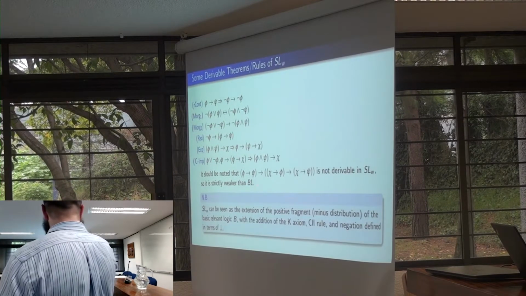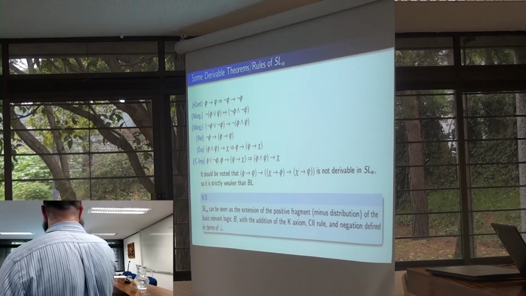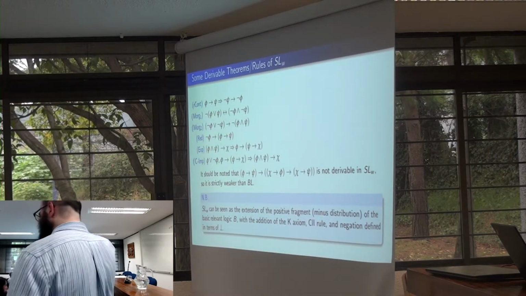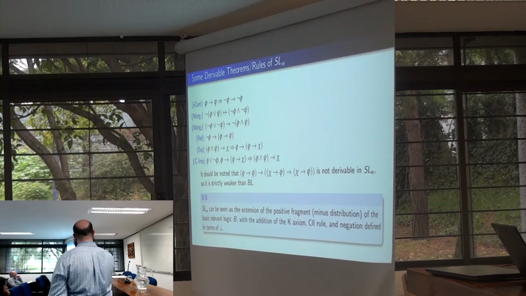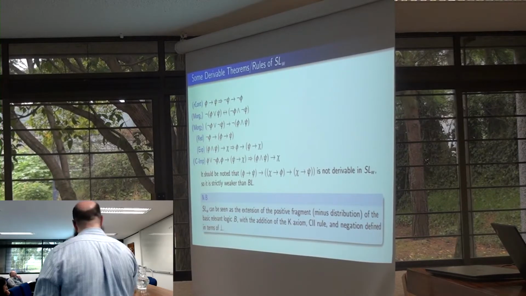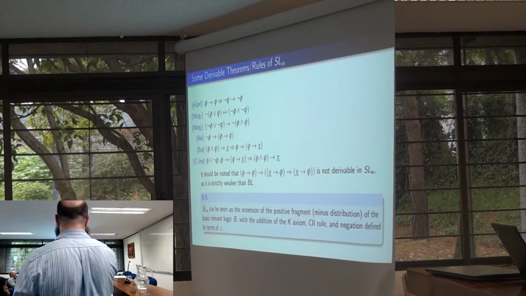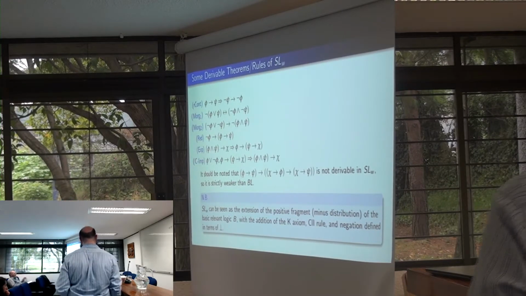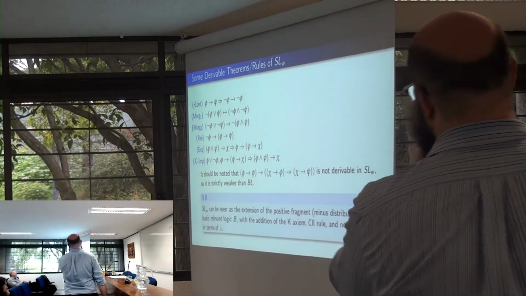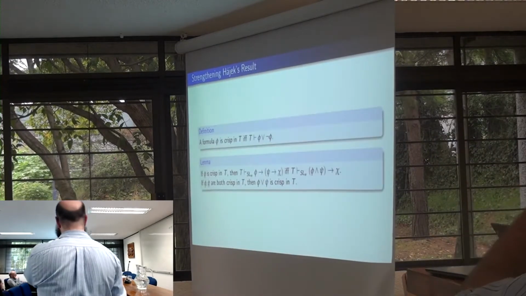So SLW, as I mentioned, can be seen as an extension of the positive fragment, sorry, I misspoke last time, the positive fragment minus distribution of the basic relevant logic B. That's important. With the addition of the thinning axiom, not the CII rule, but the CI rule, typo, and negation defined in terms of bottom, which is just restating what I said earlier.